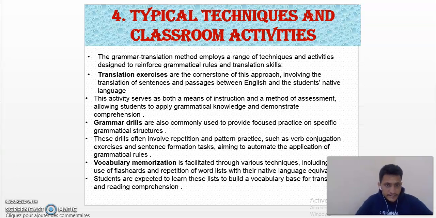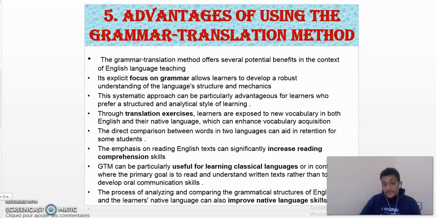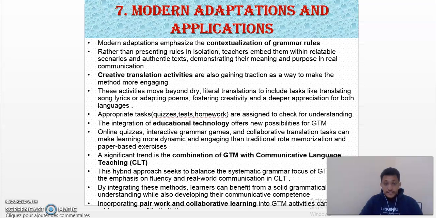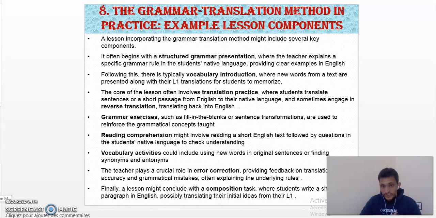In the next video you will learn typical techniques and classroom activities, and also some advantages of using the grammar translation method, and some disadvantages. You will also deal with modern adaptations and applications, and also the method in practice, an example of using this approach in teaching.